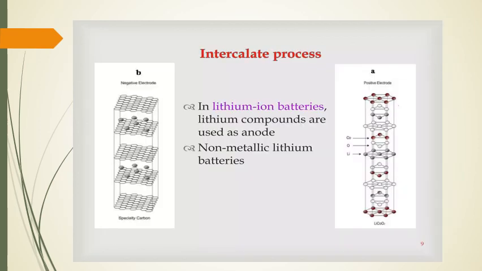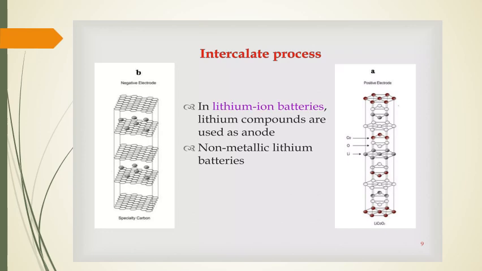The intercalation process: now we have two types, the negative electrode and the positive electrode. We can see the special carbons in the negative electrode, and the positive electrode contains carbon dioxide, oxygen and lithium bonded with each other at the positive terminal.